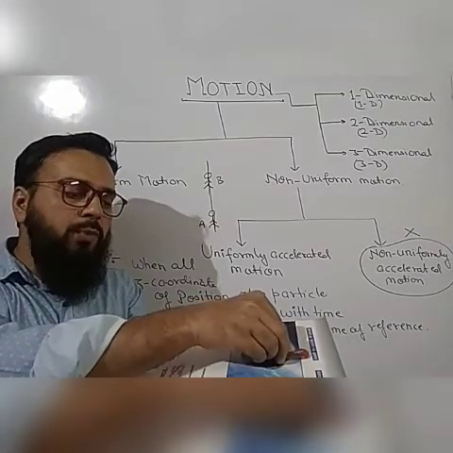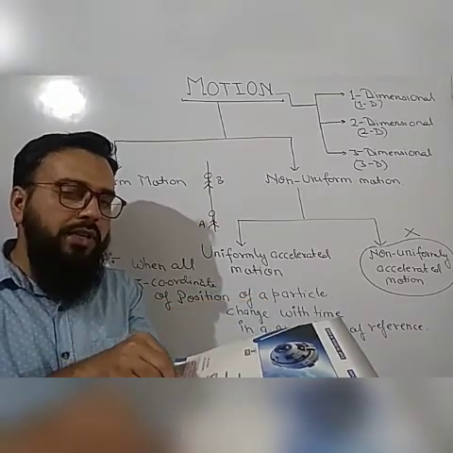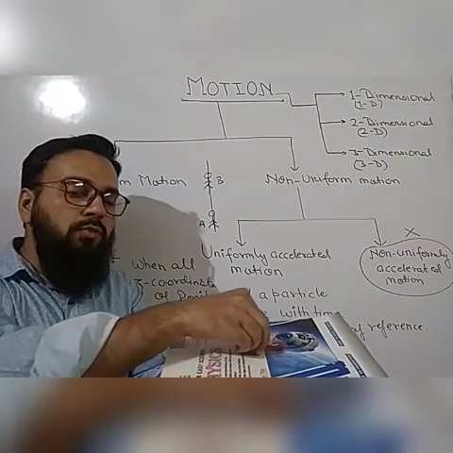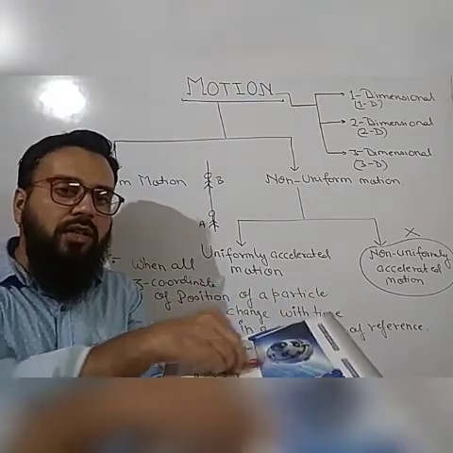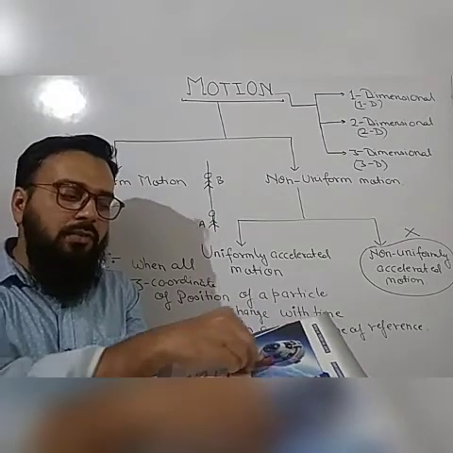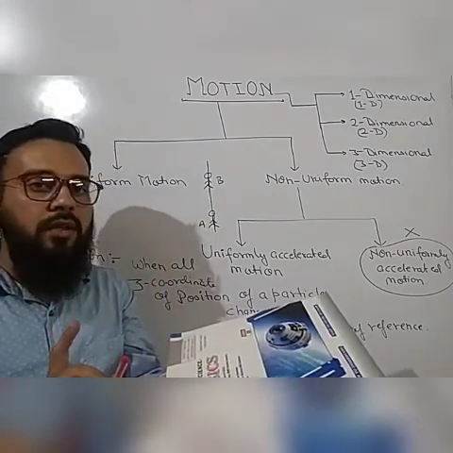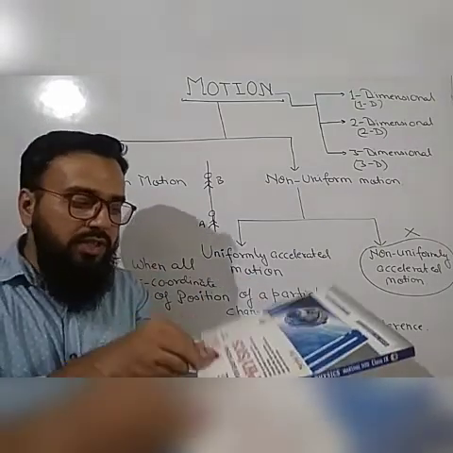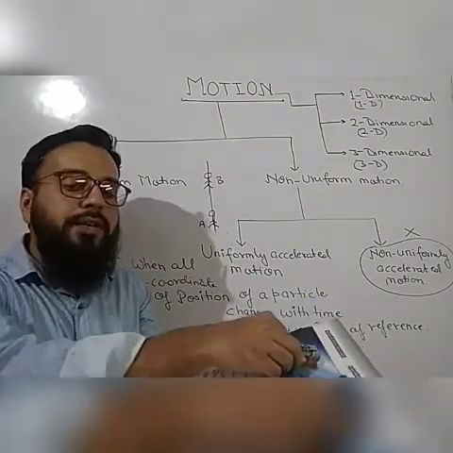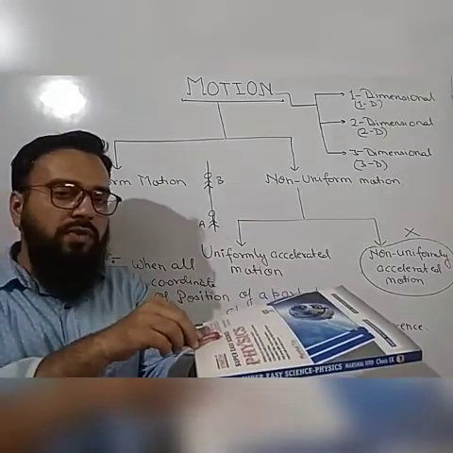So until the point where the plane is moving on the straight line, this motion is one-dimensional motion because the plane moves straight on the runway. If the runway is not turned, there are many runways where there is also a turn, but I am talking about that runway which is exactly straight. So the plane starts moving from this point.